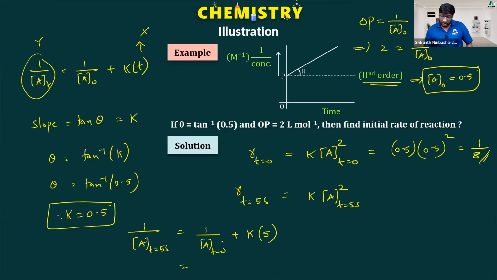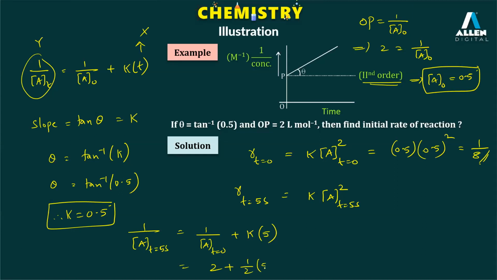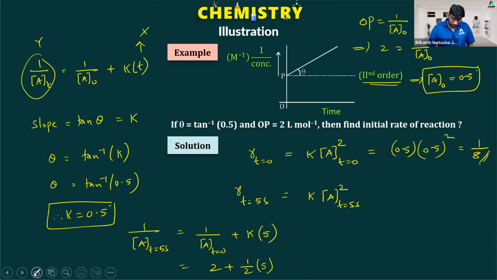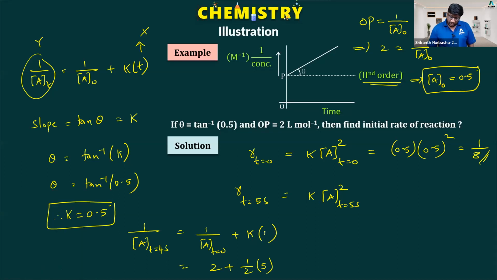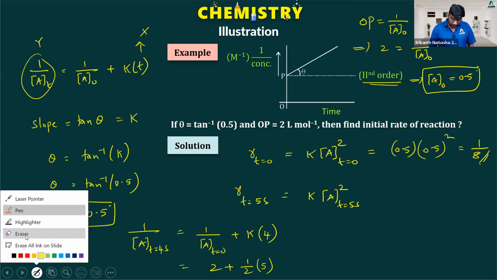So 1 by A naught is 2, plus k is 0.5, 1 by 2 into 5. Yes or no? Let us say 4 seconds, time t equal to 4 seconds, so the calculation becomes easy. T is equal to 4 seconds, k into 4, so you get half of 4 here.